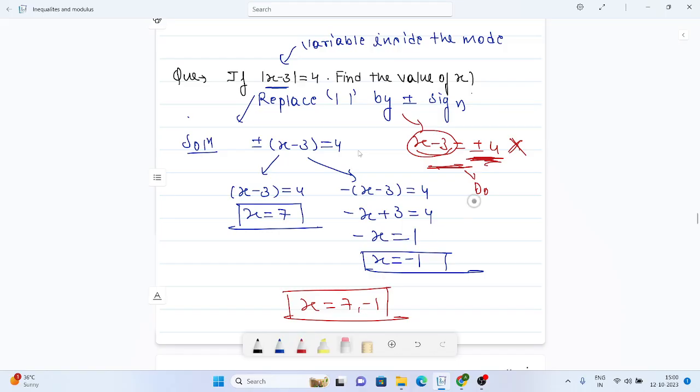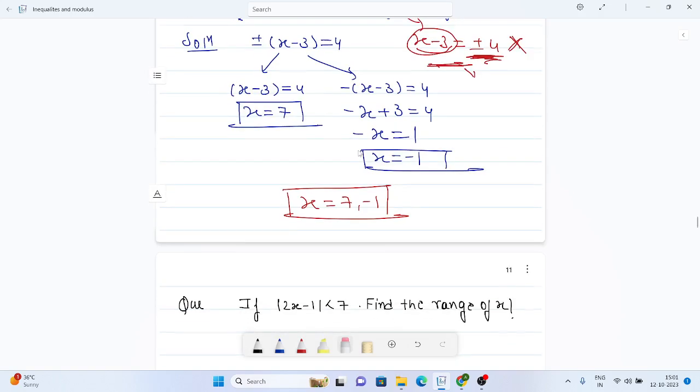Okay, so note down this, then we move on to the next question, modulus with inequality.